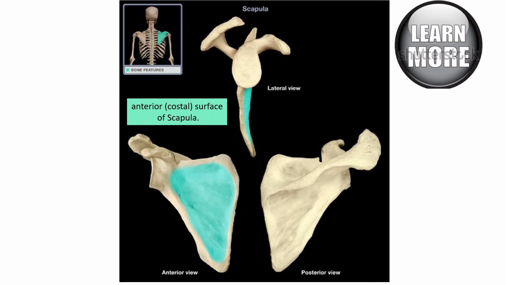This is a fossa, and it is called the subscapular fossa. It is also called the costal surface of the scapula because it sits on the posterior part of the thoracic cage. So this is the depression.